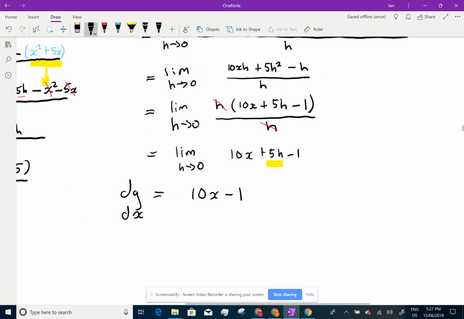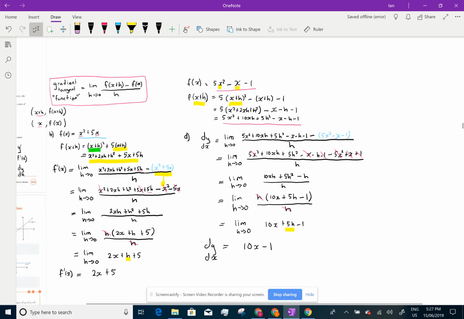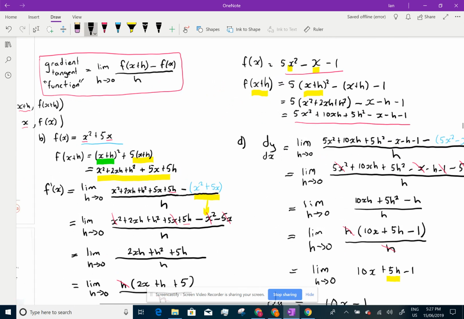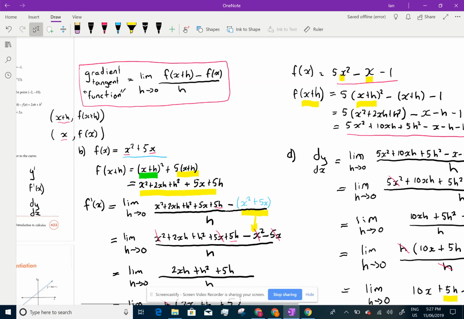So remember what we're doing. We are finding the gradient of the tangent, or the gradient function. How are we finding that? Well, we're finding two algebraic points on any curve. These 2 points, and we're subtracting the y values on top and we're subtracting the x values underneath. That will give us the gradient of the secant, but we do not want the gradient of the secant, we want the gradient of the tangent.